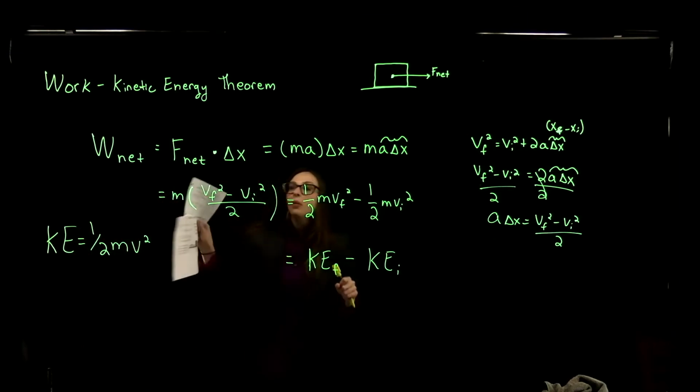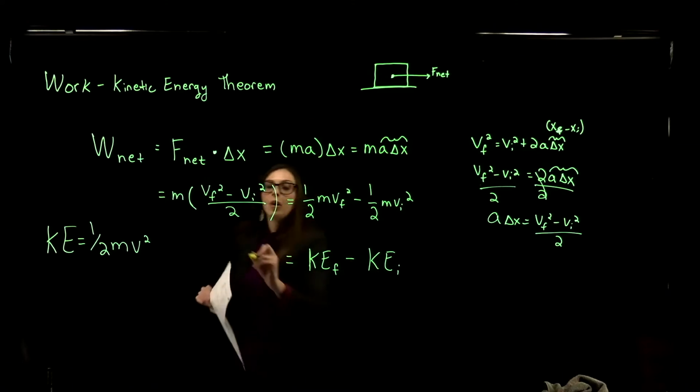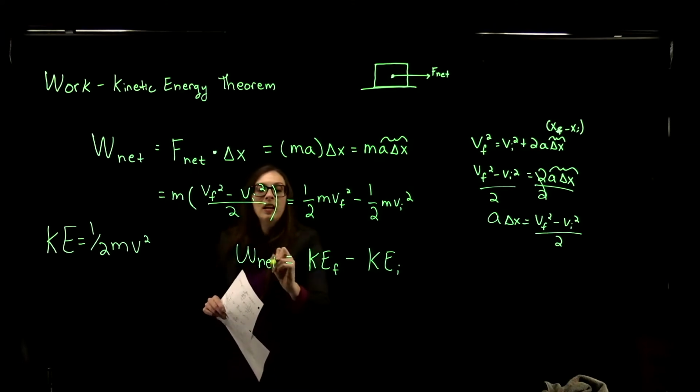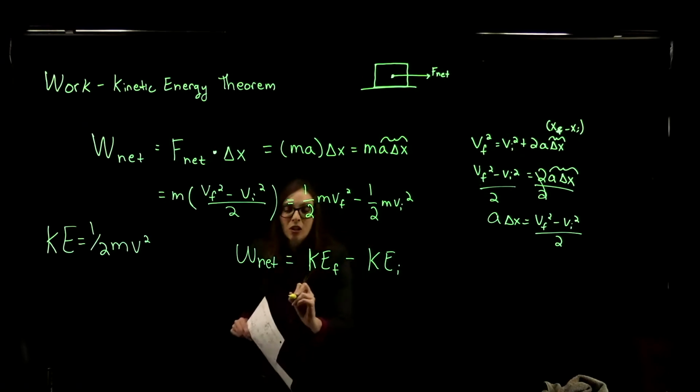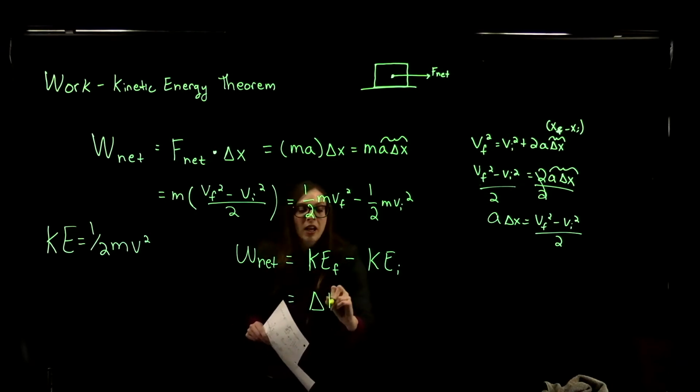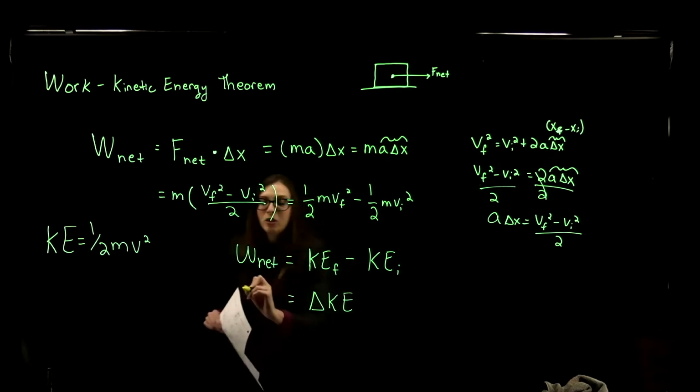So this tells us that our net work equals kinetic energy final minus kinetic energy initial. You can also write this as the change in kinetic energy.